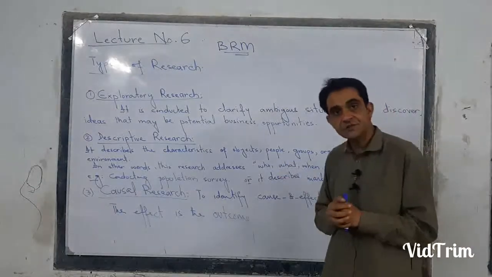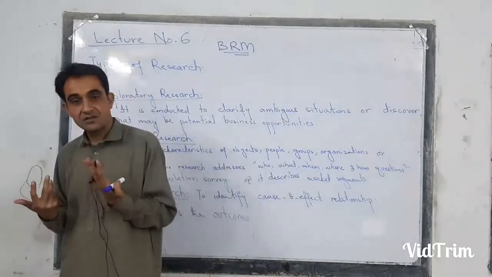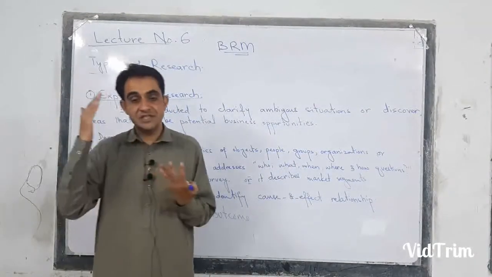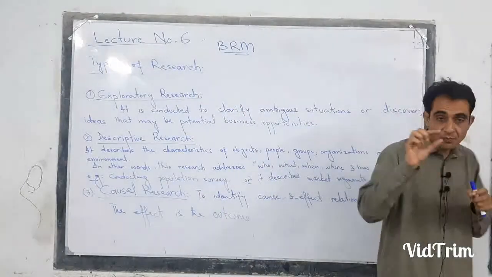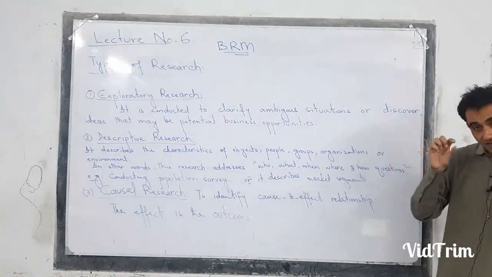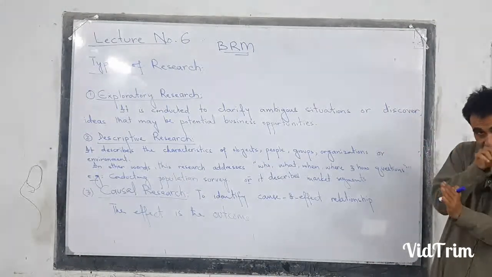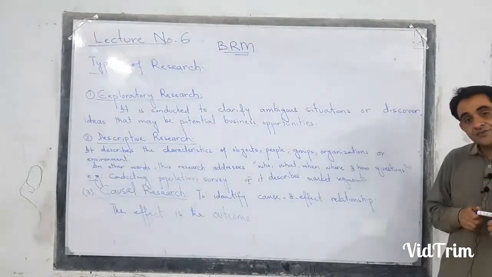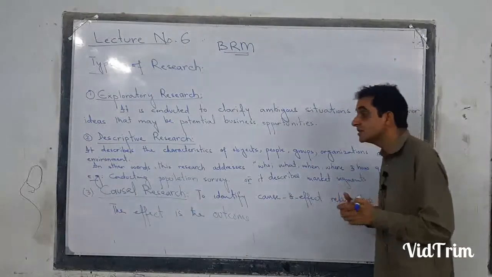Like in an organization, something is happening. Performance is poor. What is the cause of the poor performance? The poor performance is the effect. So what is its cause? When we are conducting this research, obviously it is advanced research.